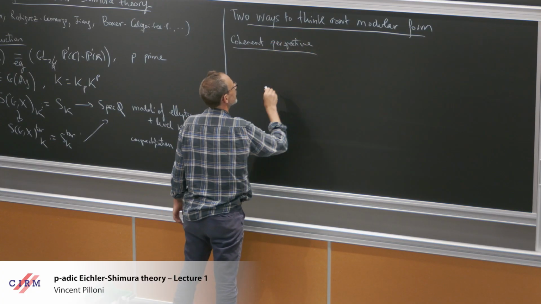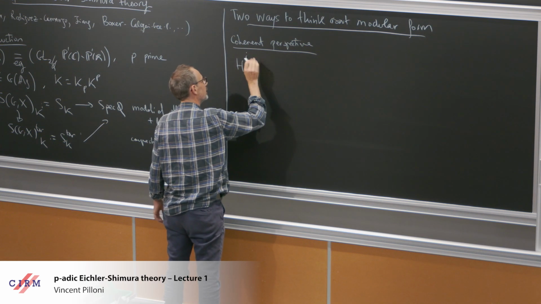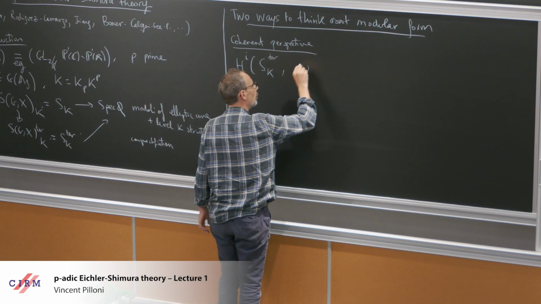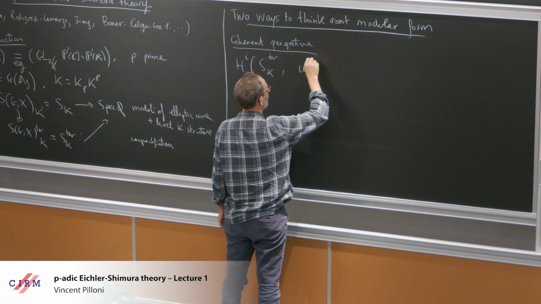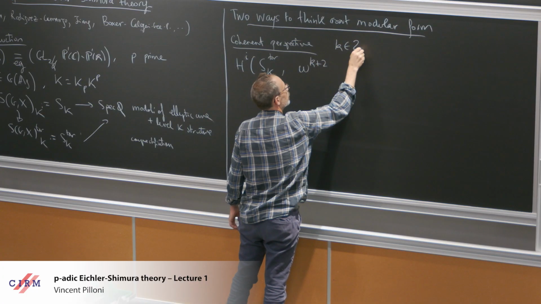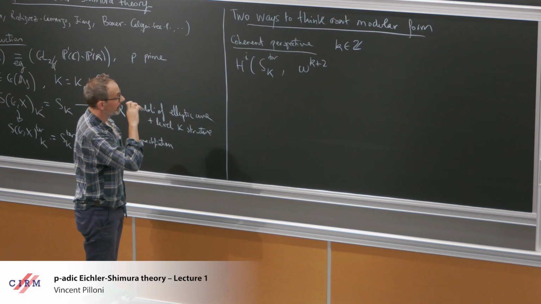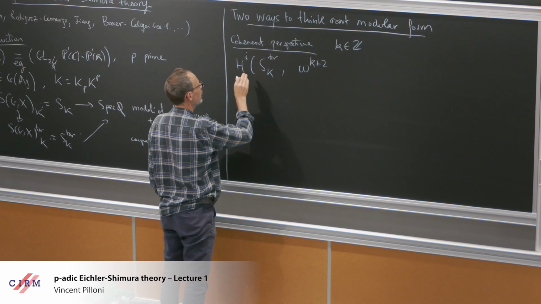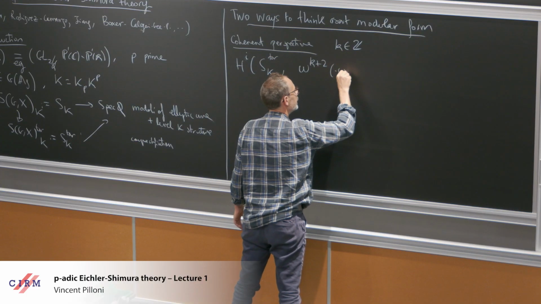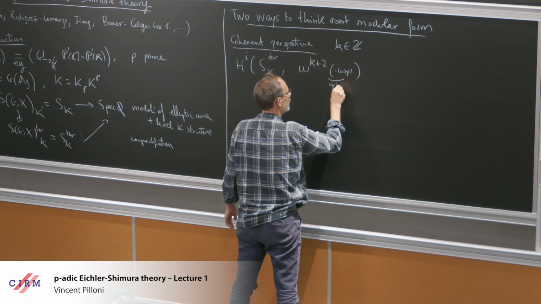One can consider the groups H^i(S_K^tor, ω^{k+2}), where k is an integer and I use a shift in the weight, so ω^{k+2}, and maybe optionally a cuspidal condition, so this is optional.